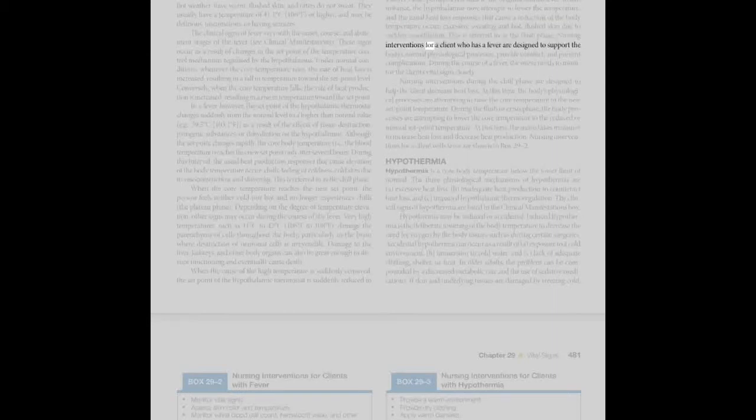Nursing interventions for a client who has a fever are designed to support the body's normal physiological processes, provide comfort, and prevent complications. During the course of a fever, the nurse needs to monitor the client's vital signs closely. Nursing interventions during the chill phase are designed to help the client decrease heat loss. At this time, the body's physiological processes are attempting to raise the core temperature to the new set point temperature.